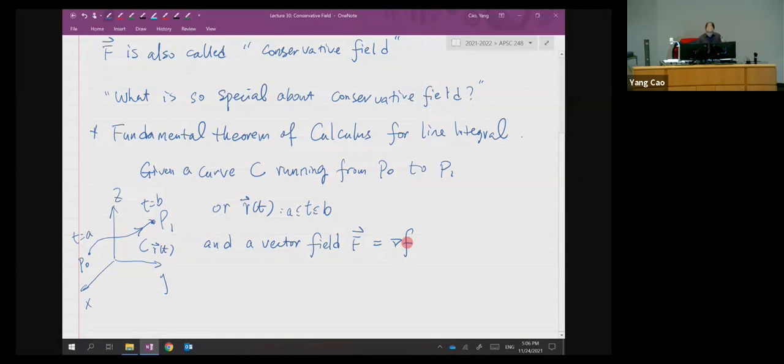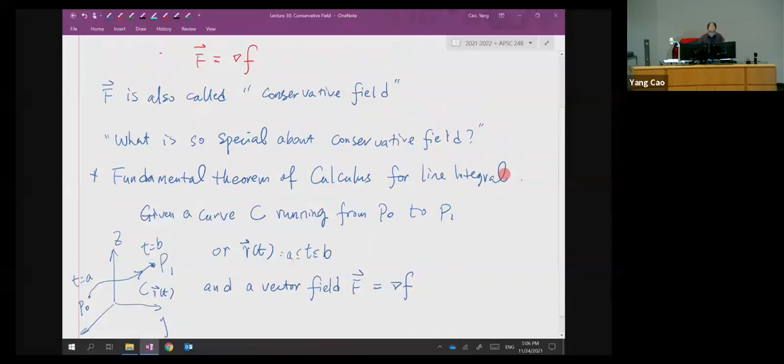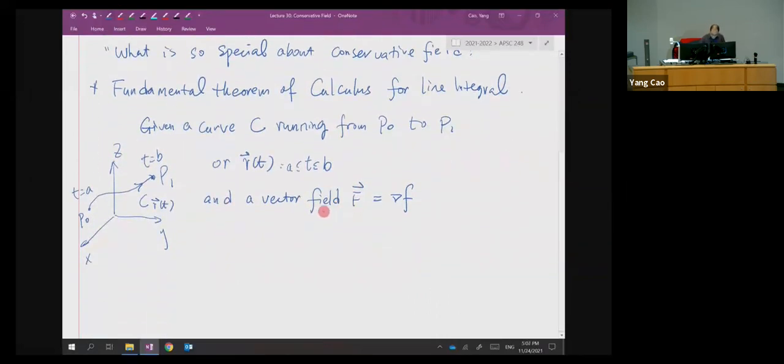Then we know F is also a conservative field. That's the nature of this vector field, and later we're going to look at how I know it's a conservative field, and if it is, how we can find a scalar function f so that we can get this vector field F.